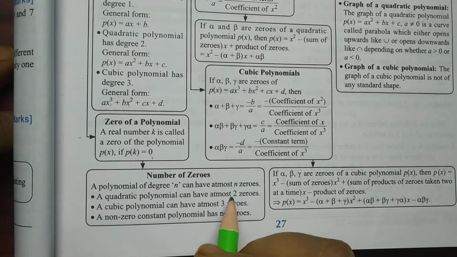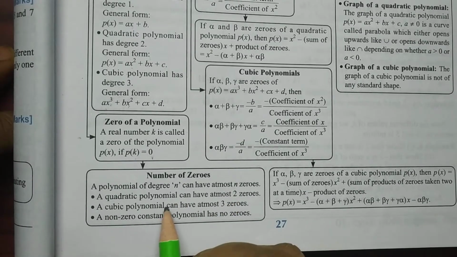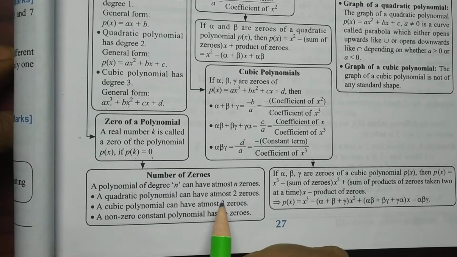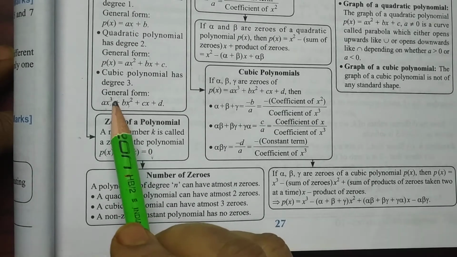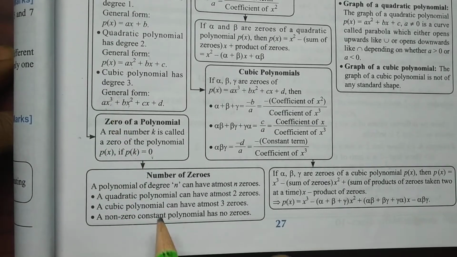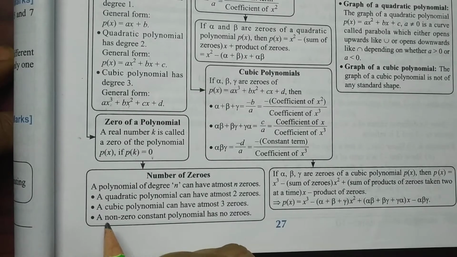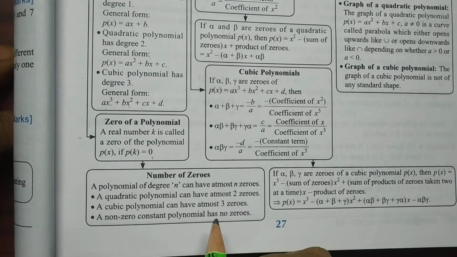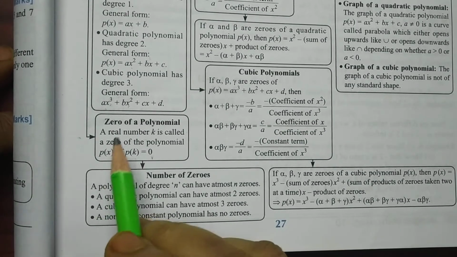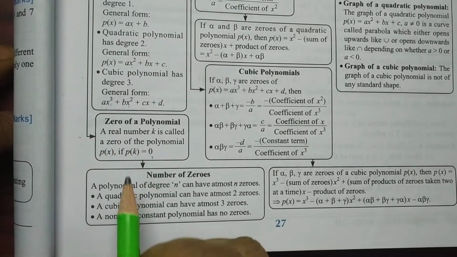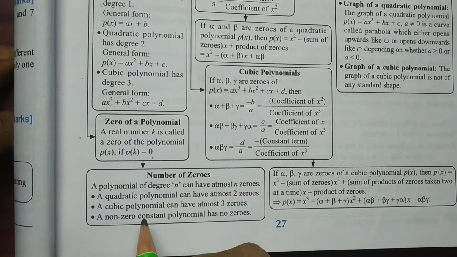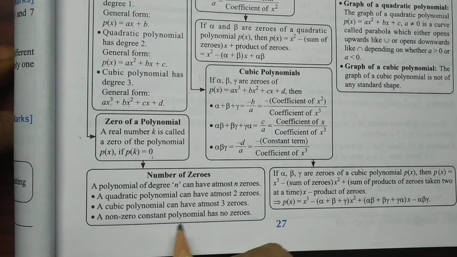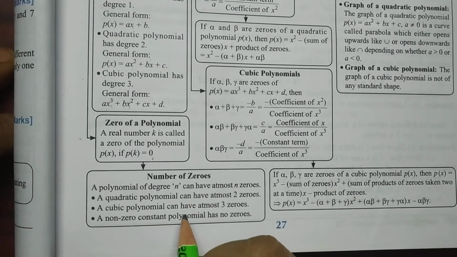A cubic polynomial can have at most 3 zeros, because the highest degree of a cubic polynomial is 3. A non-zero constant polynomial has no zeros, because in a constant polynomial the degree is 0. That's why a constant polynomial has no zeros. Have you understood?